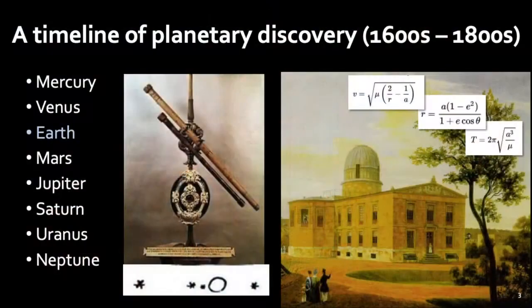And on slide 3, as we progress significantly farther through time, 1600s, 1700s, 1800s, we're building better and better technology. With the advent of telescopes, we can now see the moons around Jupiter and Saturn. With the advent of more sophisticated mathematics to describe those orbits, we realize, in fact, that not all the planets are orbiting around Earth. We're all the planets orbiting around the sun, and Earth becomes a planet for the first time.